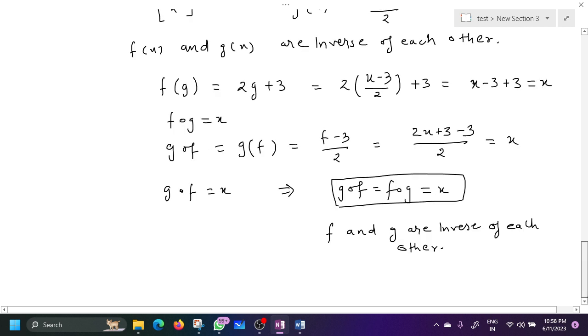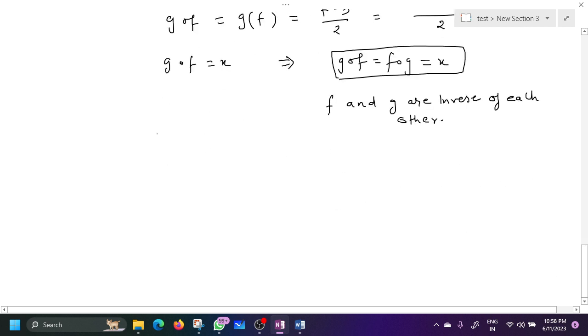Now I leave a few things for you. One: we have found the inverse of a function in the above question. Take f(x) equal to e to the power x minus e to the power minus 2x, that function. You need to verify this relation here.